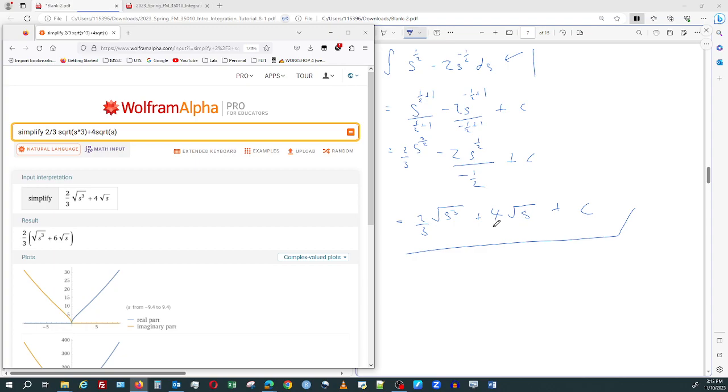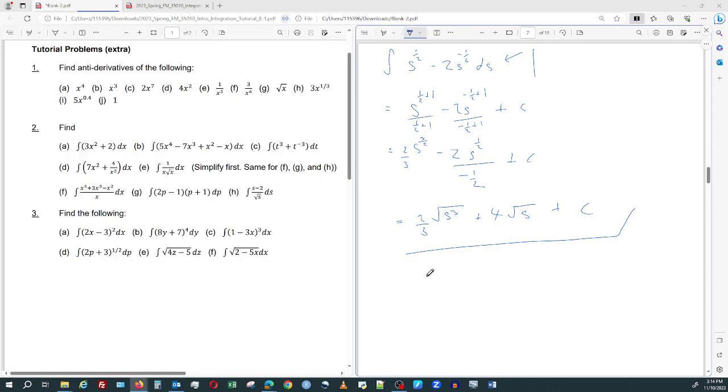So 6 on 3 would be 2, wouldn't it? So if we replace that with 6 on 3, if we think about it this way, 2/3 s cubed. Now, if we replace that with 6 on 3, that's 2/3 times 3.